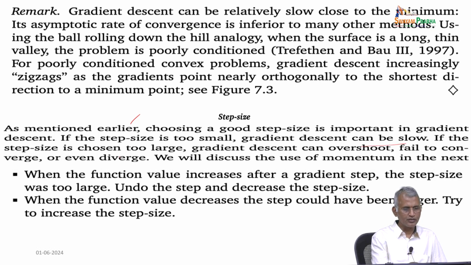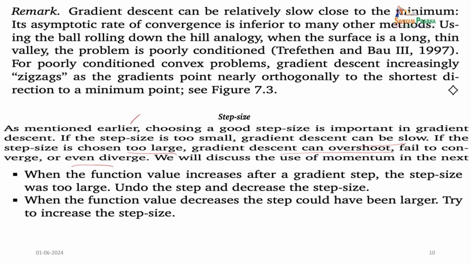If the step size is chosen too large, the gradient descent can overshoot and fail to converge or even diverge. So, based on the choice of step size, small or large, the consequence for the solution will come.